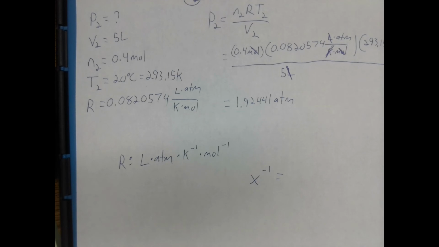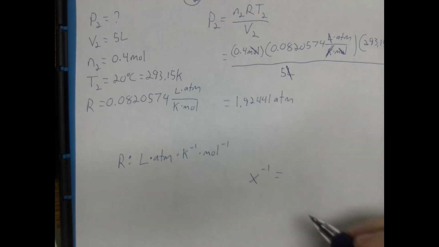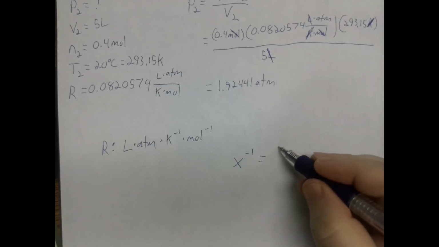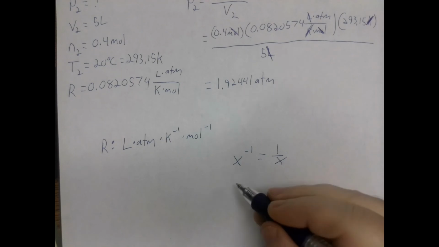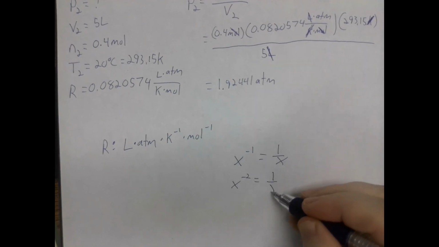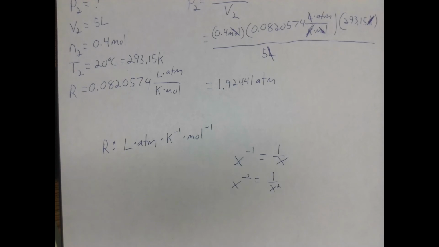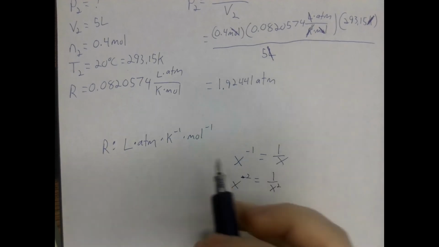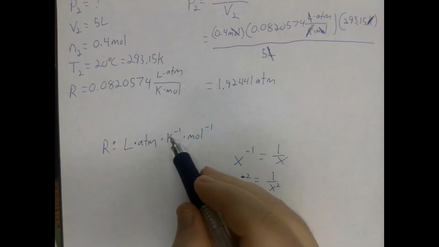Have y'all been taught exponents? This is 1 over X. X to the -2 is just 1 over X squared. So this negative means it's going to be just dividing by whatever the number is.